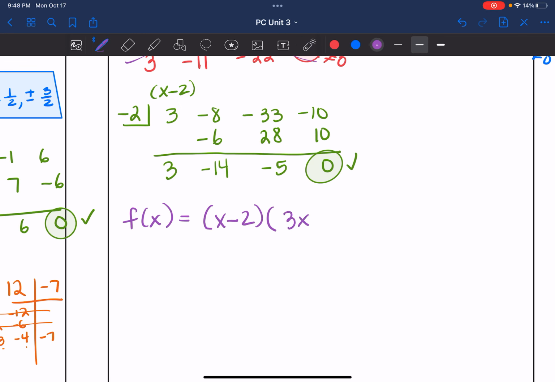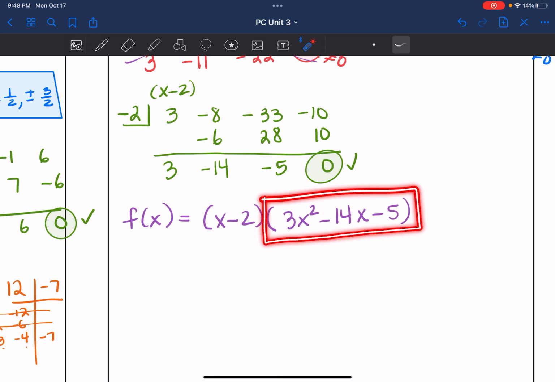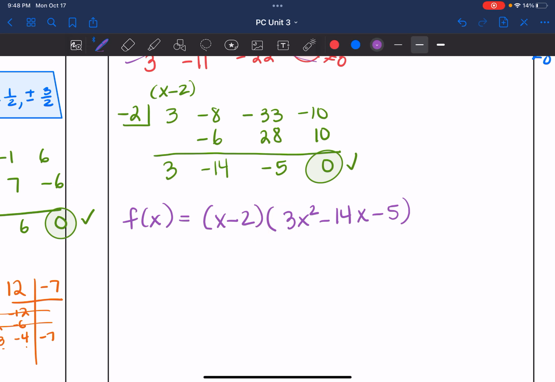So 3x squared minus 14x minus 5. Okay, but same as we did before, I want to factor this completely. So now just this second part, this quadratic, let's factor that.